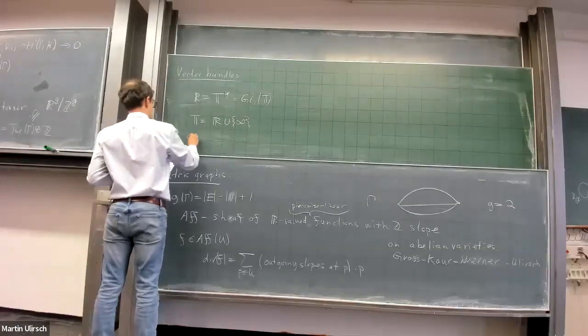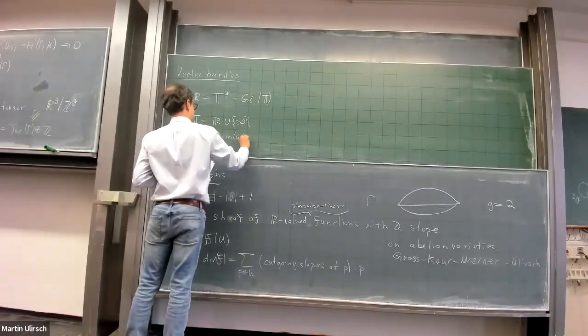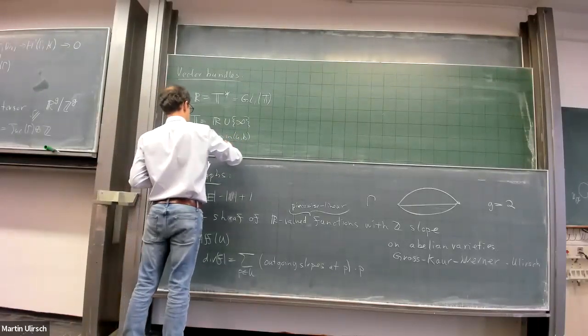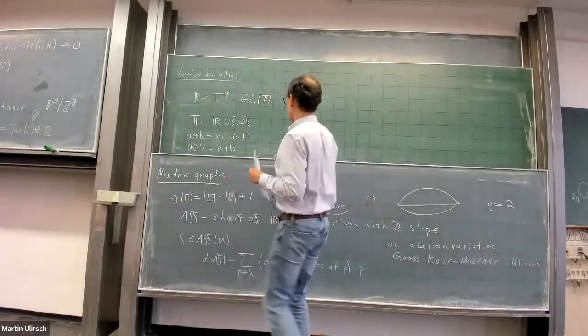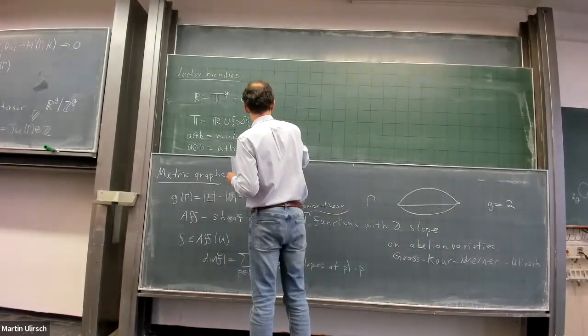Tropical addition is taking the minimum, and tropical multiplication is the usual sum. Okay. So the identity element for addition is infinity. The identity element for multiplication is 0.